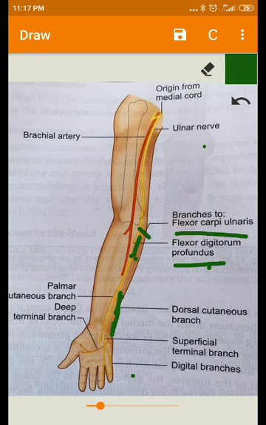It runs downwards and backwards, under the cover of flexor carpi ulnaris, and becomes cutaneous in the distal fourth of the forearm.